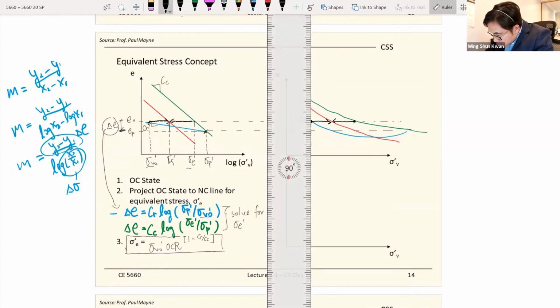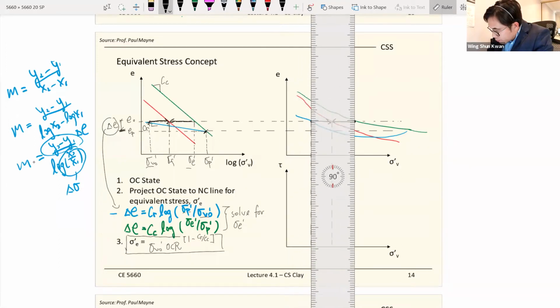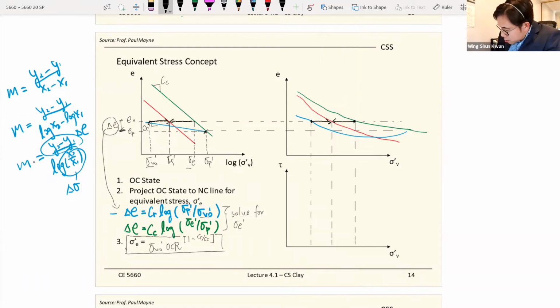So this is your initial stress. And this is your final stress. And this is your equivalent stress. So this is your failure stress, your final stress. This is your initial stress.